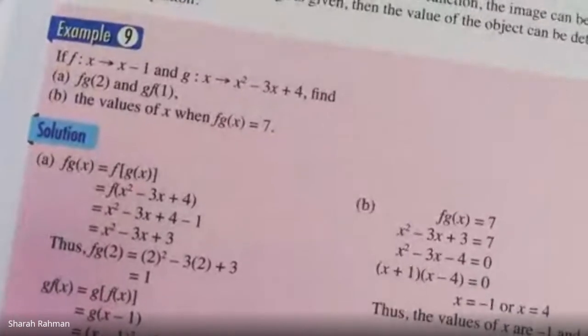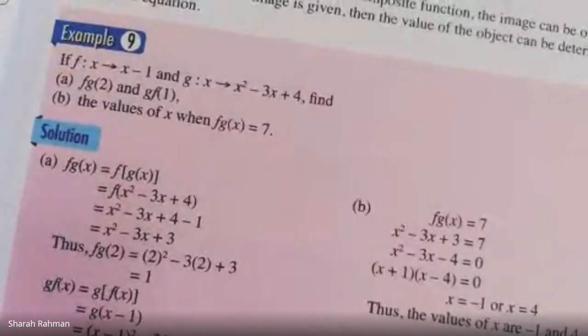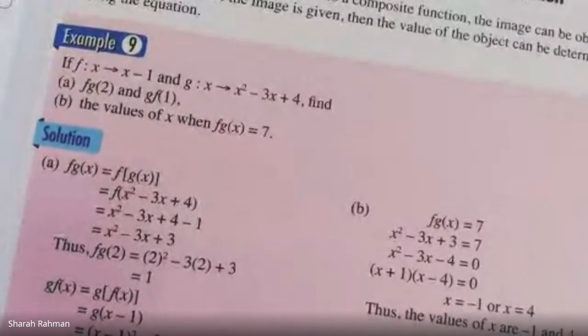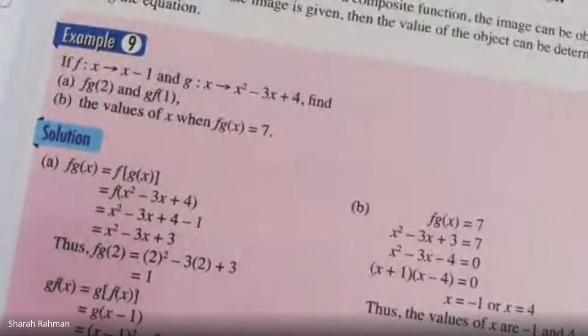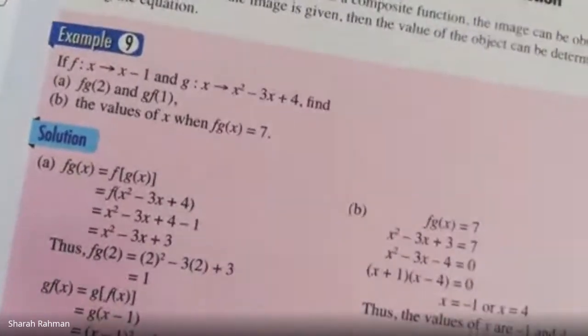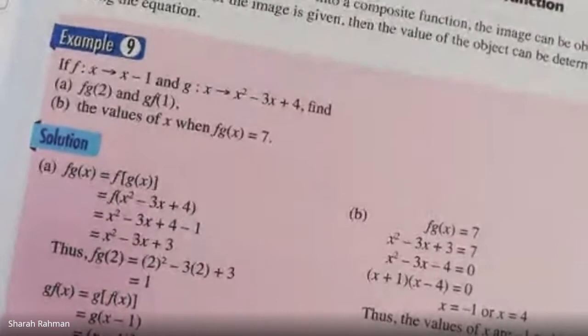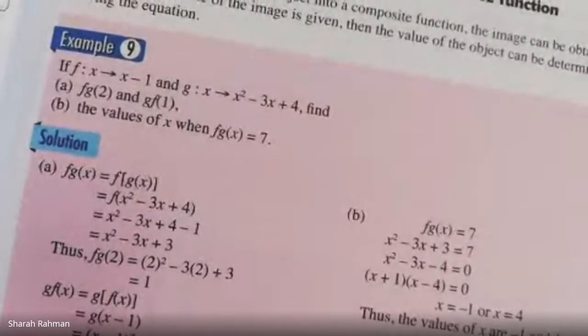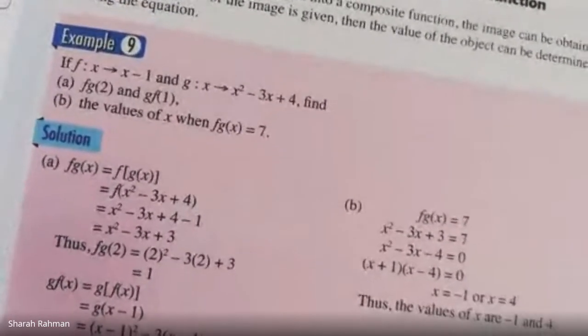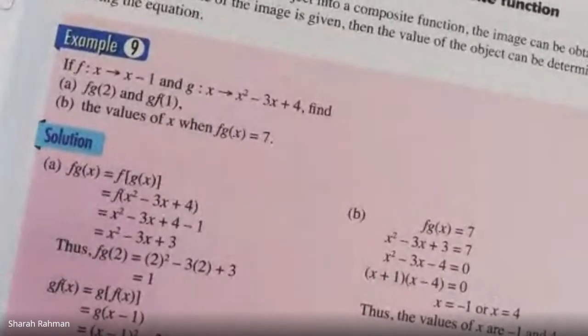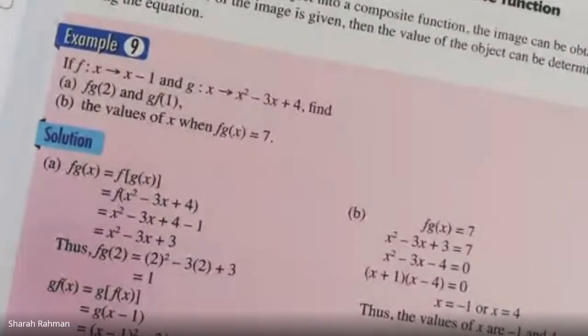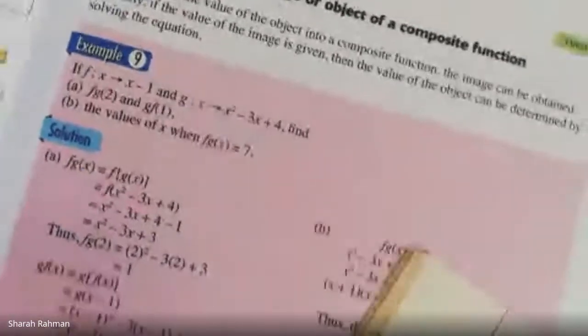So given the function f(x) and g(x), we want to find the value of x if fg(x) equals 7.